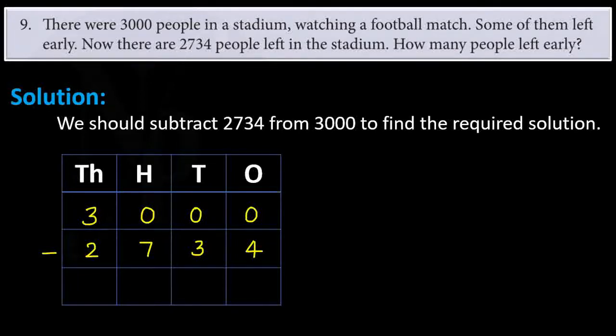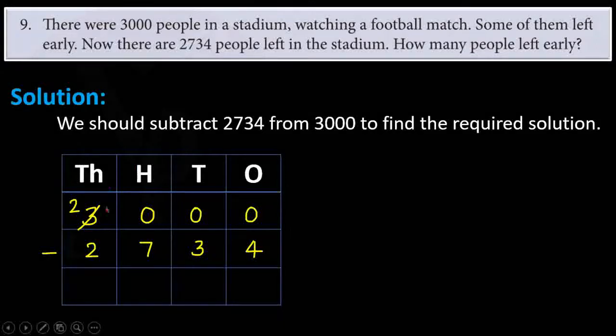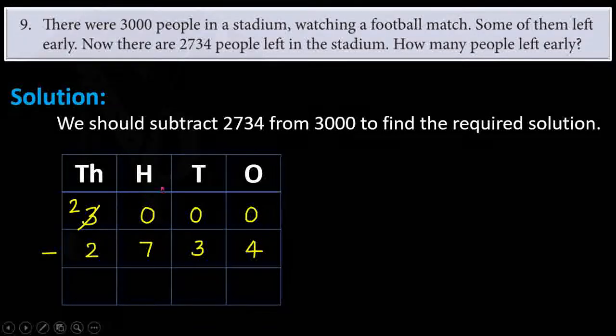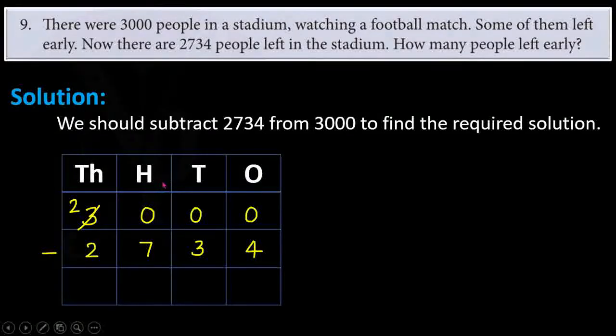So for regrouping, we need to move forward to the thousands place. So here in thousands place there is 3000. We will make this 2000 and bring 1000 to the hundreds place, and we know that 1000 is equal to 10 hundreds.